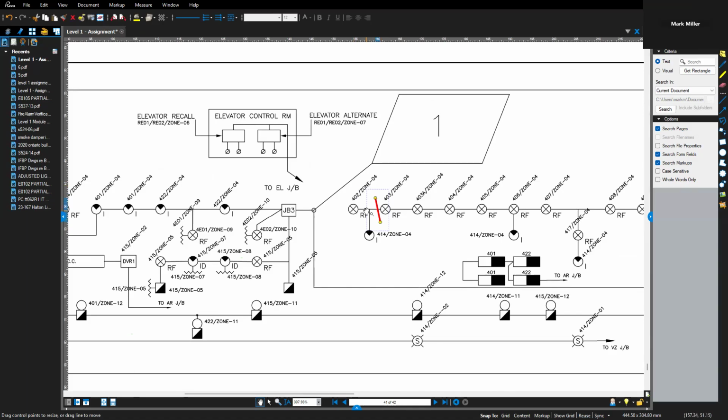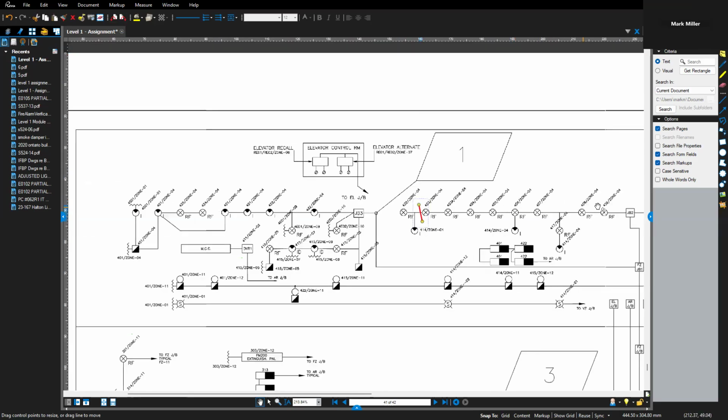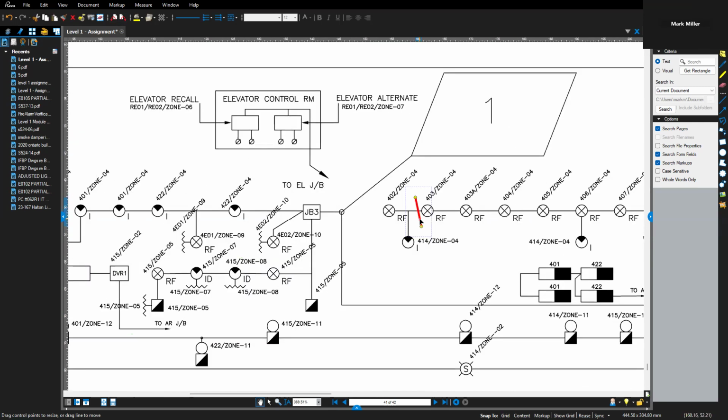So I only have fire zone 4, but I would have 4 wires in there because fire zone 4 would be coming through, picking up these devices. It would go through here, pick up these devices, but then it has to go back out and all the way around here, back down here, and over here, and over here to get to the end of the line. So I would have just fire zone 4, but I would have 4 conductors. So that's how the flags work.